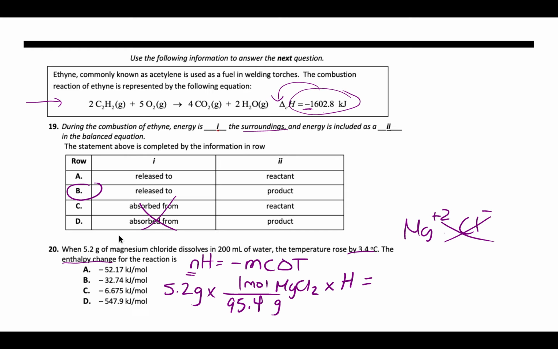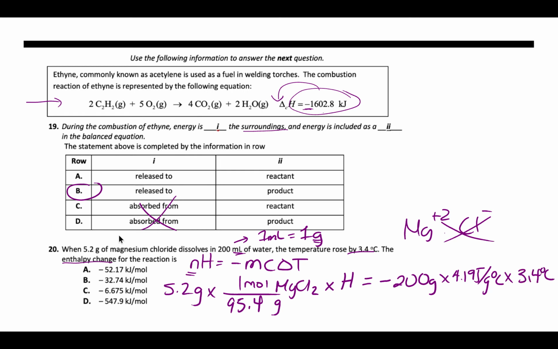And that's going to equal negative 200 grams. And in this one, we can remember 1 mL of water equals 1 gram. So you can just change your units to grams, times 4.19 joules per gram degree Celsius, times your temperature change.